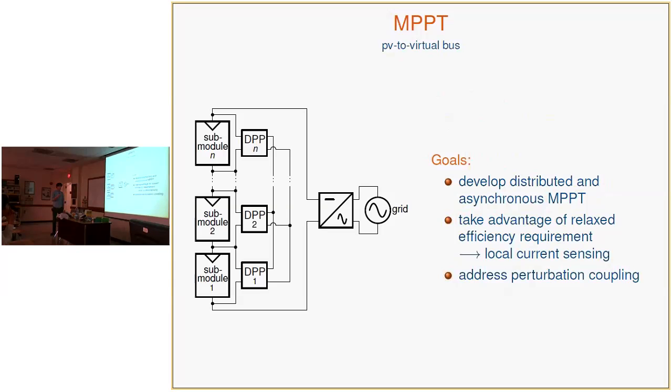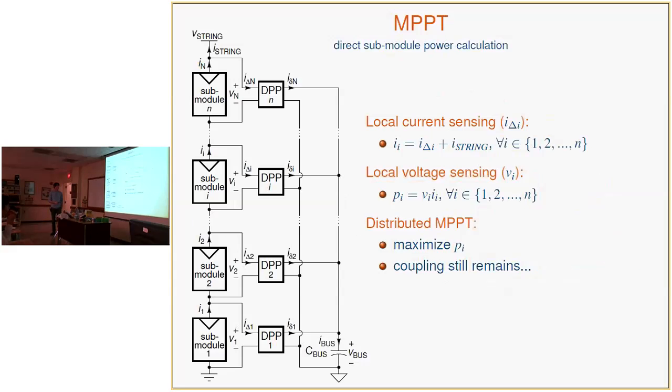One of the ways that I'm going to show that you can do that is that you can take advantage of the relaxed efficiency requirement for the DPPs, and you can sense current locally, and I'll show why that's beneficial in a second. Also, I'll show how I'm going to address the perturbation coupling problem too. So if you can get away with using inefficient converters, you can implement converters that sense current locally, and if somehow you had access to the string current, you can calculate the submodule current.